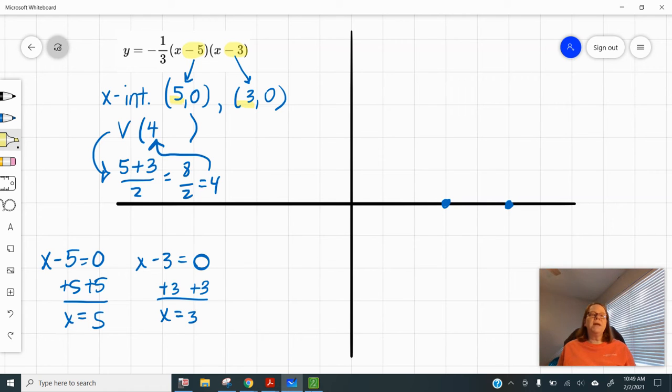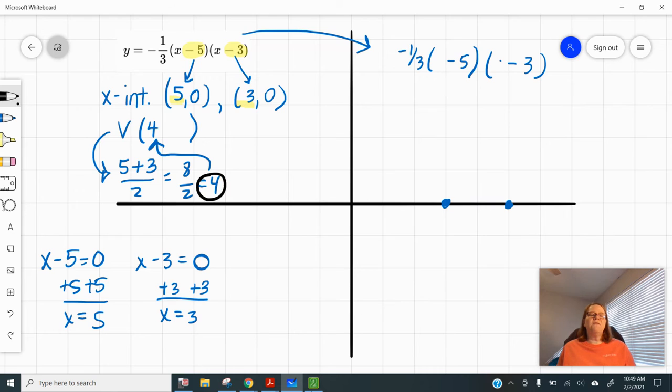Now to get the y value, we're going to do what we did with standard form, and that is to plug in a 4 for those x's and see what y is equal to. So I have negative 1/3 times something minus 5 times something minus 3, and I want to plug in that 4.